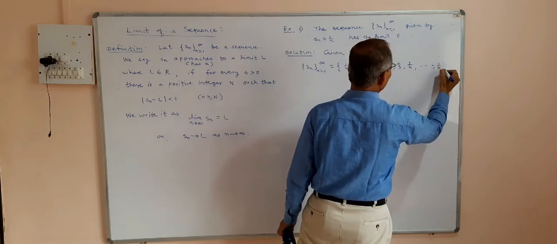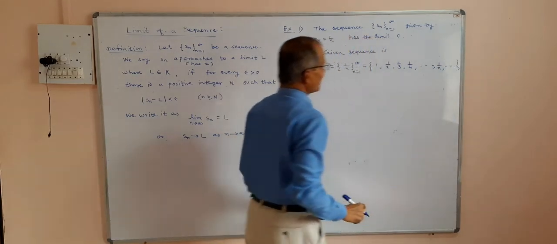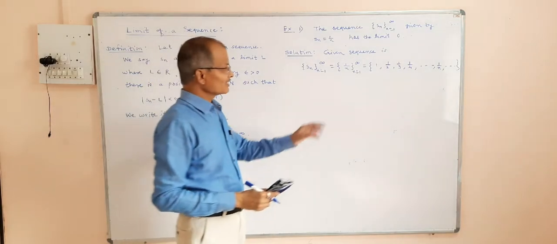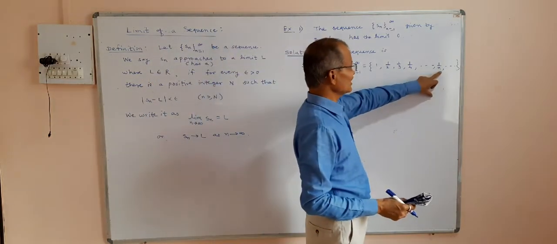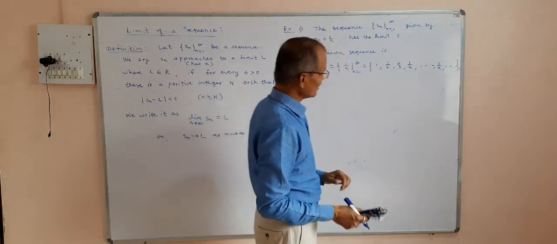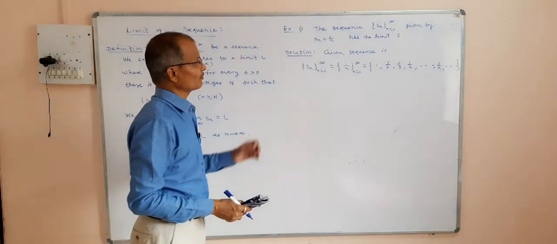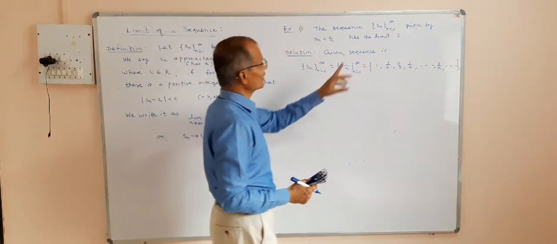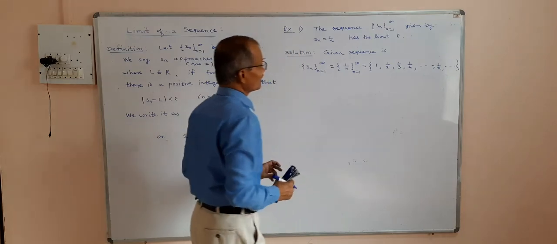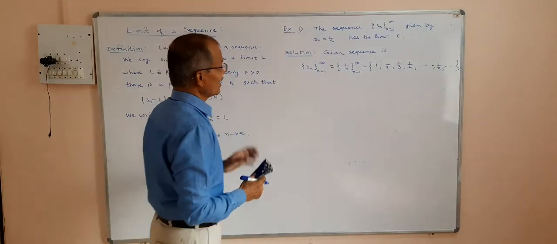In general, 1 by n, and it will continue. Obviously, as the denominator goes on increasing, the value will decrease and approach 0, and therefore this sequence has the limit L equal to 0.